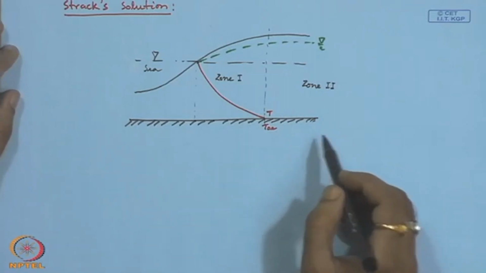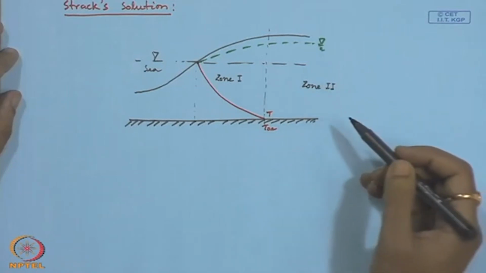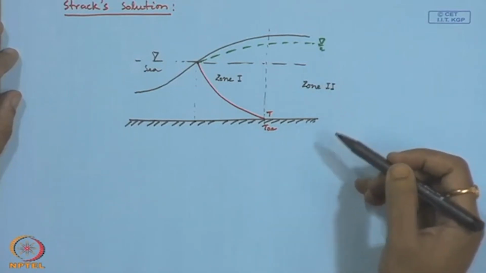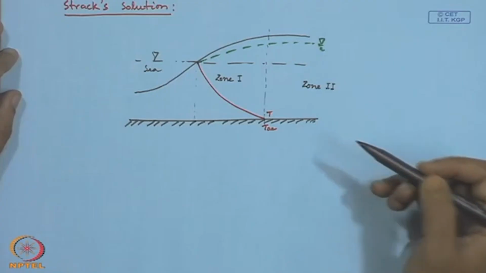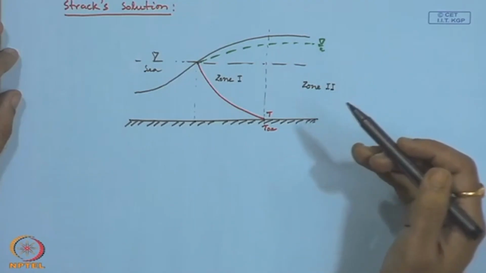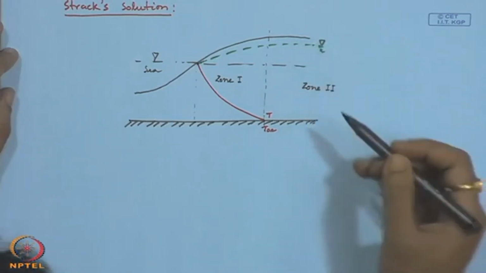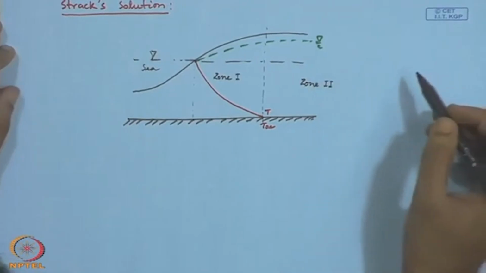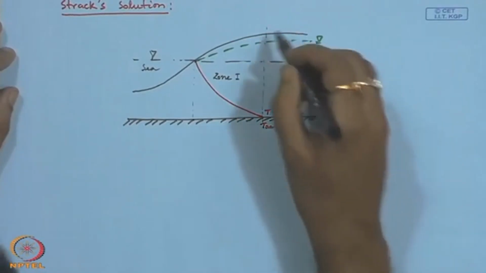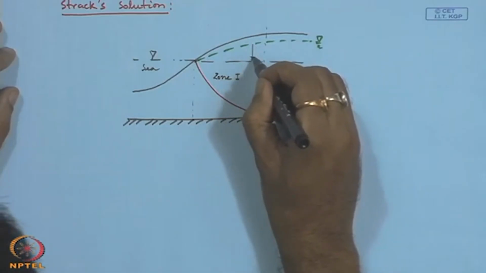So, what Strack did is he defined certain potentials for defining different piezometric heads. We can simplify or write it directly according to our previous modeling conventions.